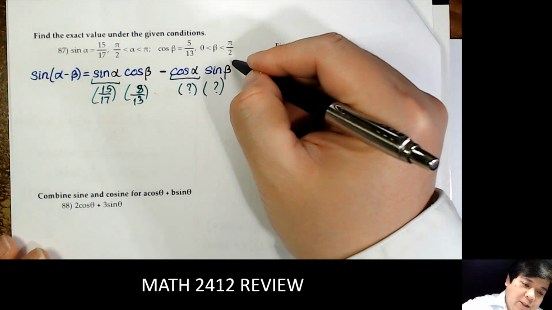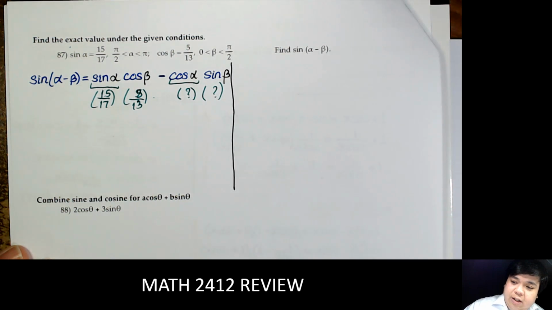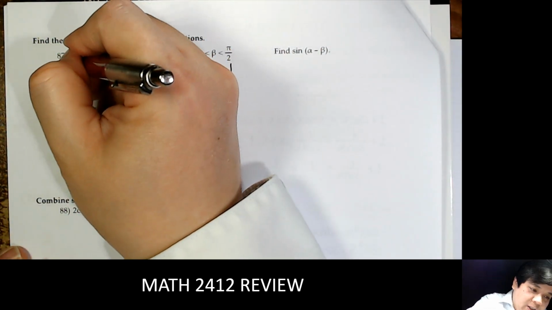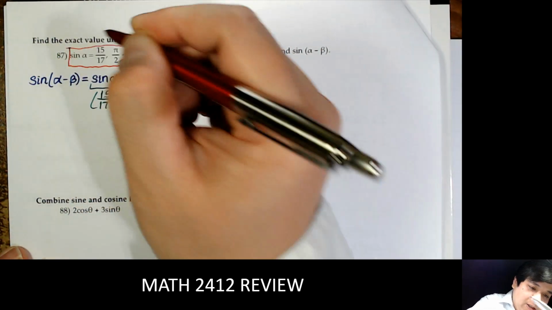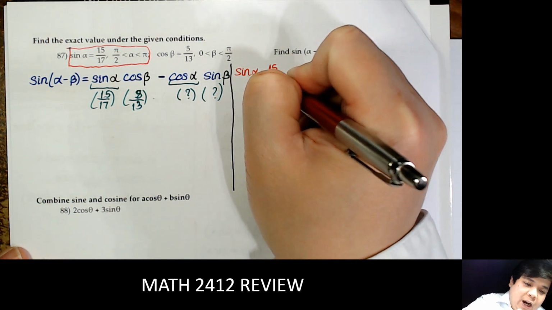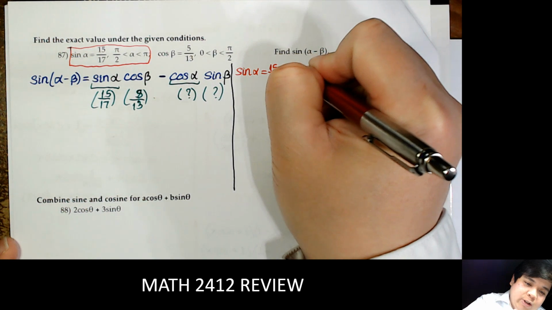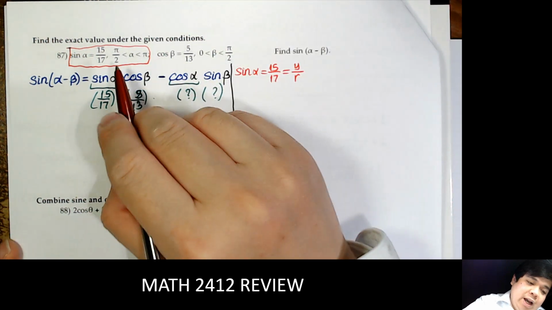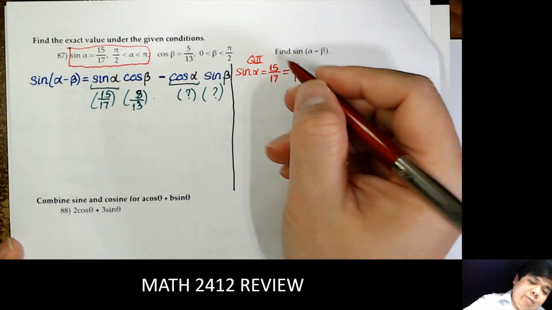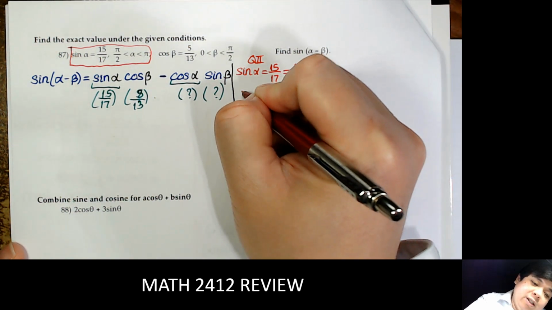Right, so first focus on this alpha. Sine of alpha is 15 over 17. Sine we can write as y over r, or opposite over hypotenuse. I use y over r. And this is in quadrant 2. So when we write like this, obviously r is 17 and y is 15.